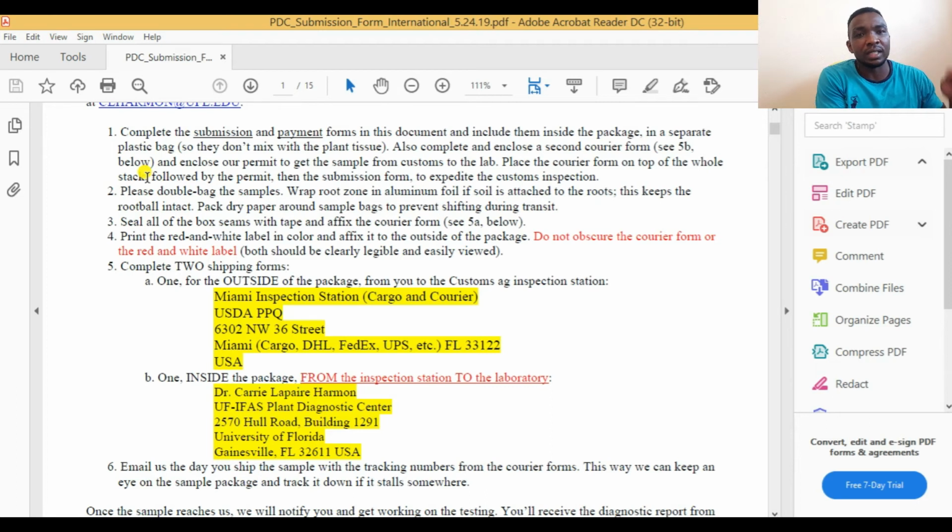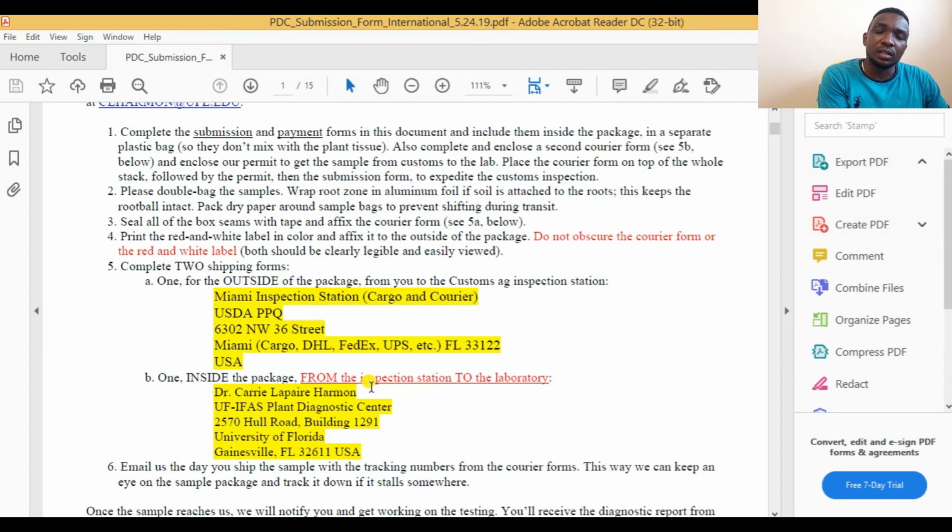And then I could have generated the necessary forms to send it from here, from Turks and Caicos to Miami, and then from within Miami to the lab.